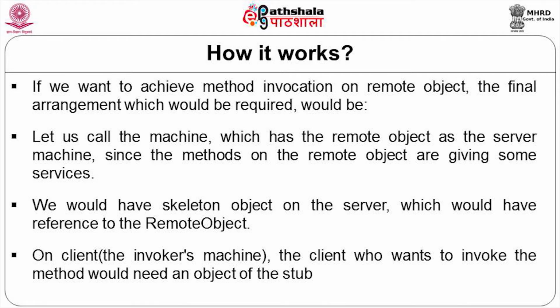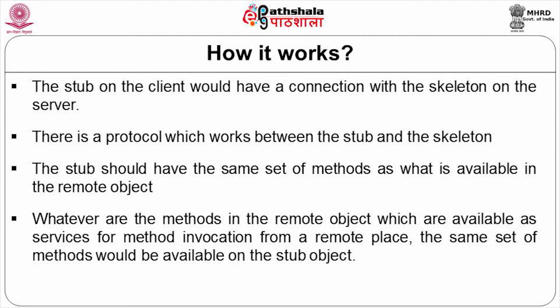On the client side, the invoker's machine, the client who wants to invoke the method would need an object of the stub, which should have a connection with the skeleton. So there is a connection between the stub and the skeleton. There is a protocol which works between the stub and the skeleton, and the skeleton is in turn on the same machine as the remote object and would be able to invoke a method on the remote object.